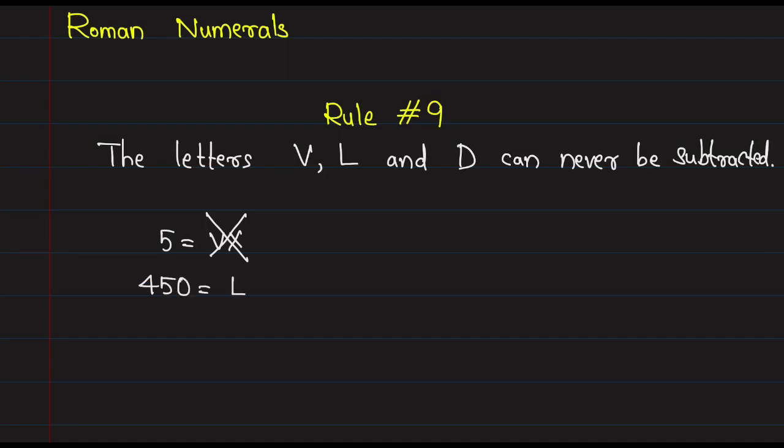We cannot write LD just because 500 minus 50 is 450, because L can never be subtracted from any other letter. We want to write 500. We cannot write DM just because 1000 minus 500 is 500, because D can also not be subtracted from any other letter. This is also the wrong way of writing.